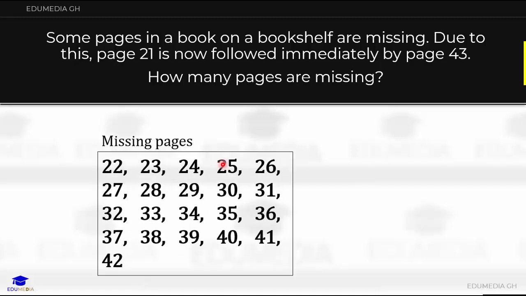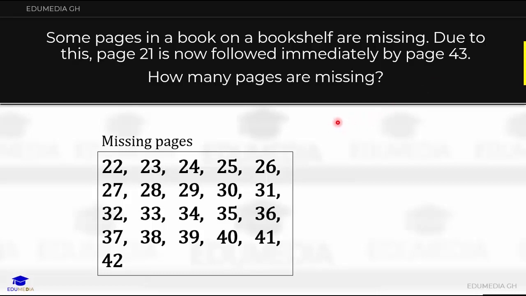Alright, so the missing pages we have, the question specifically said page 21 is now followed immediately by page 43. So meaning there's page 21 available in the book, and also there's page 43 in the book. What is missing is between 21 and 43.